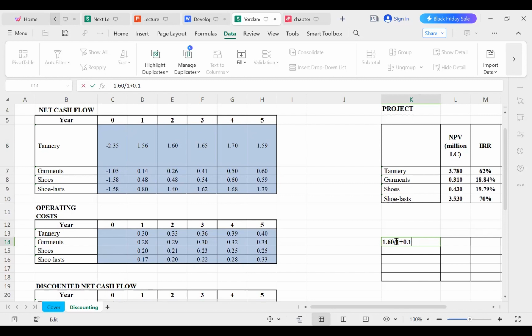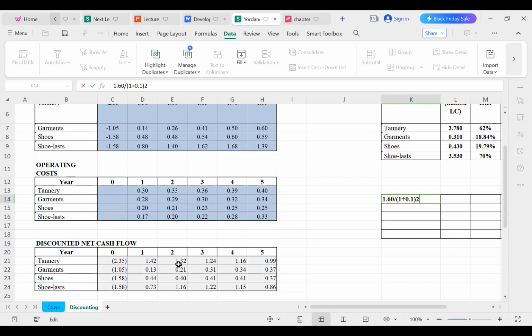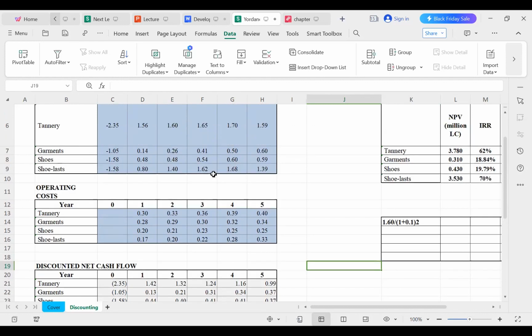You need to put this in brackets if you have a calculator. Make sure that it's the power, not just times 2, so you get the result of 1.32. Actually, if you see it, it's approximate. We took the approximate number, which is 1.32.